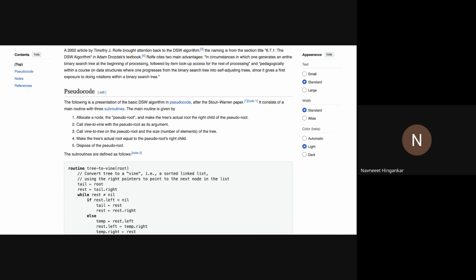The following is a presentation of pseudocode. It consists of a main routine and 3 subroutines. The main routine is given by: allocate a node, the pseudo root, and make the tree's actual root the right child of the pseudo root.